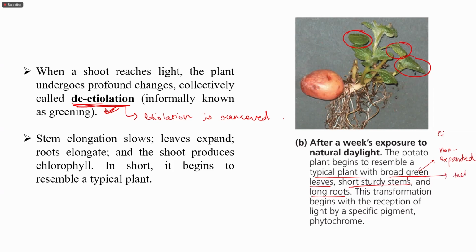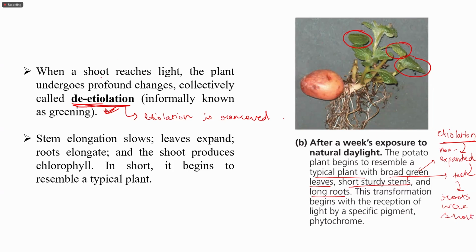So I am writing the points of etiolation. What was happening in etiolation, when the plant was growing in the darkness? The leaves were non-expanded, the stem was tall, and the roots were short, because of the lesser requirement of water absorption.